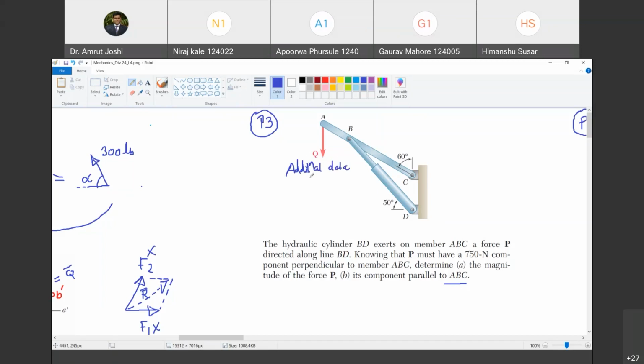This data is given just for the completeness of the problem. Look, when you apply Q here, only then will there be a force in member BD. If Q is not applied, there will be no force in BD. So only to make the problem physically relevant, this data has been given. That is another thing that you must observe.